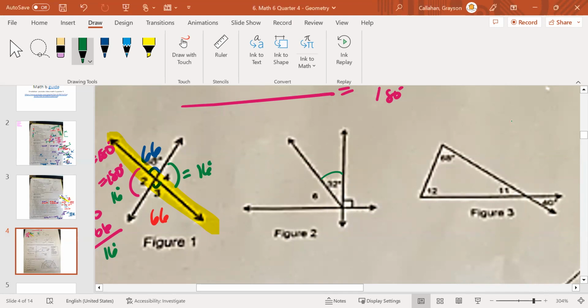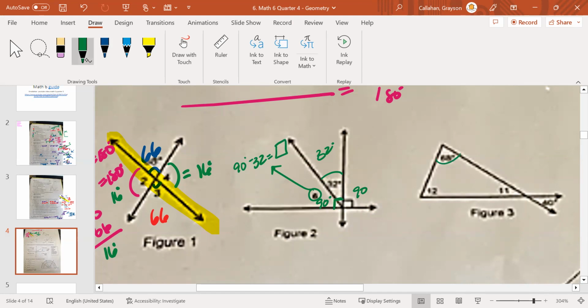That makes a difference, doesn't it? Because I'll screw everything up if I got it wrong. If this is 90, these two angles added together are going to be 90 degrees. If one of them is 32, this angle right here, do you see what I'm pointing at, is going to be 90 degrees minus 32. That is going to give you your answer. So you're going to have to figure that out.